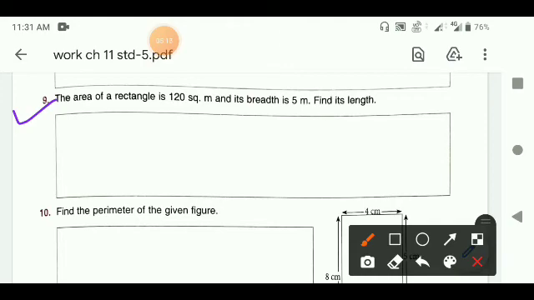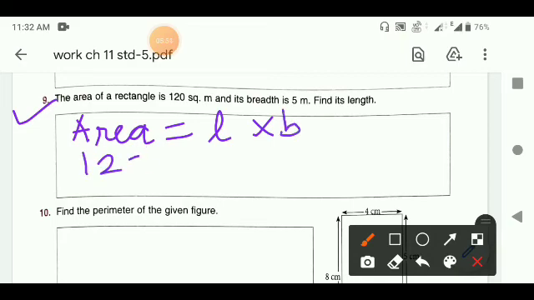Area is given 120 square meter. So area of rectangle is equal to length into breadth. Here area is given 120 square meter. Length is not given, so we will write L. Breadth is given here 5 meter, so we will write 5 meter.